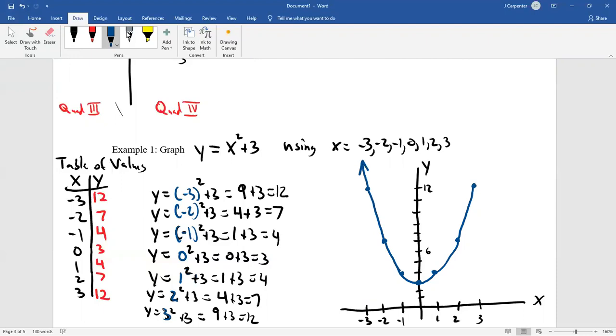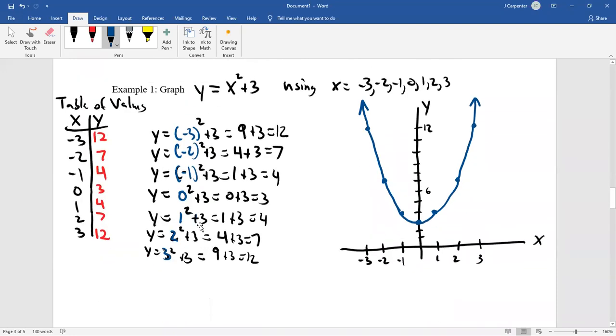Kind of just getting a little steeper as we go. And then an arrow signifying that this goes on forever and ever and ever. So there's our shape. We will study these quadratics, these parabolas, more extensively in chapters 2 and 3. For now, we're just taking a very simple-minded approach to graphing with these coordinates. And that's it.